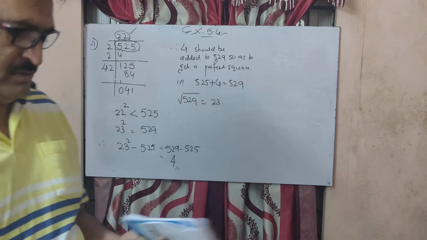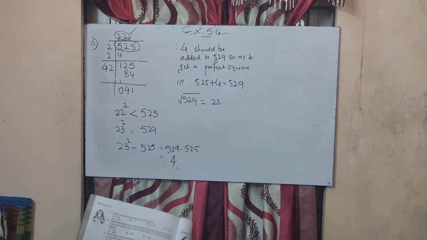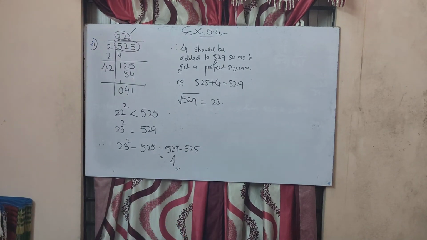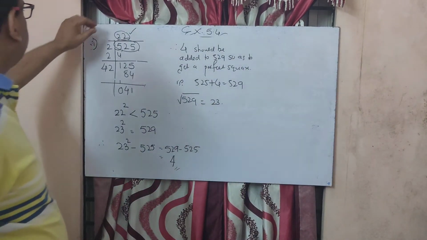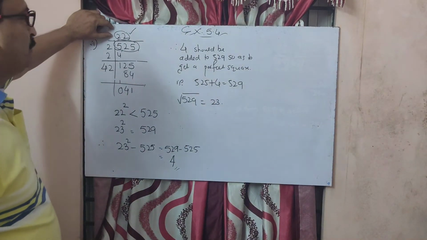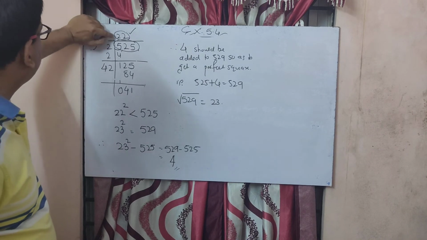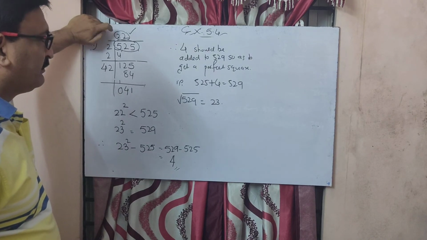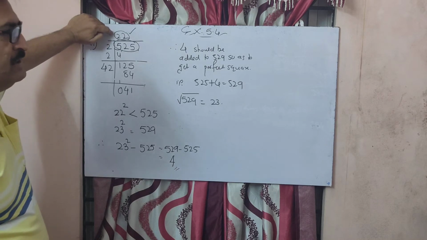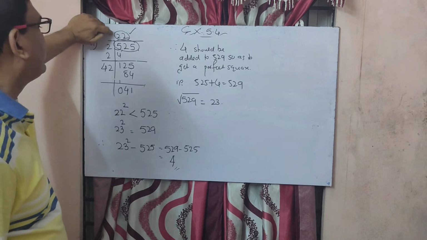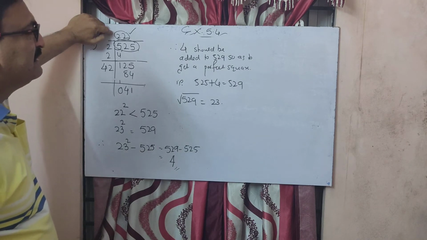So now you will understand with another example. We will solve it, and you will definitely understand the next number. Always, when we use the division method, whatever we get here, this is 22. It means you have to take the next number, 23.